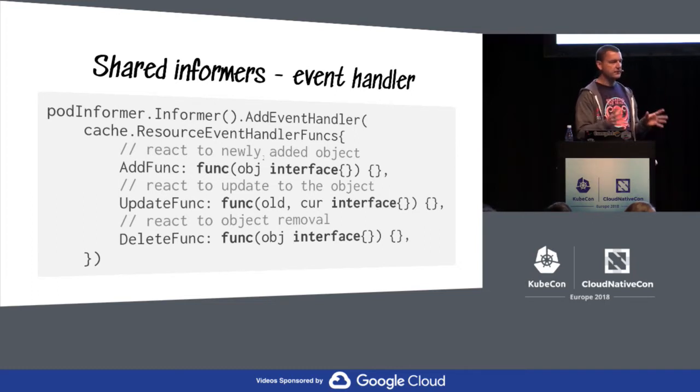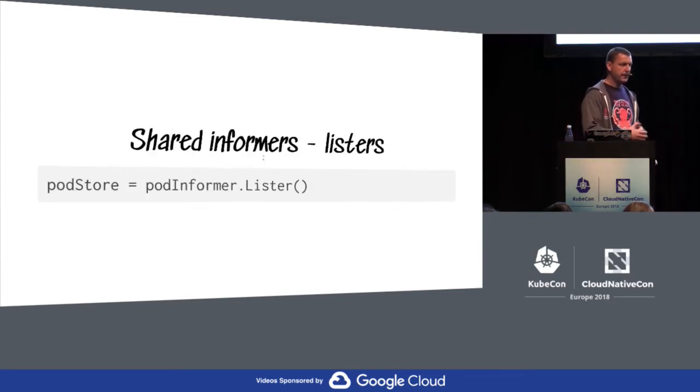This is basically the crucial bit of every single controller. The other important element of that cache that we just talked about, which is the shared informer, is the listers. There was a pretty good question about 2 days ago during the contributor summit: why is the listers interface different from client-go, and why would you use listers versus regular client-go? The reason for using listers is they are designed specifically to be used within controllers.